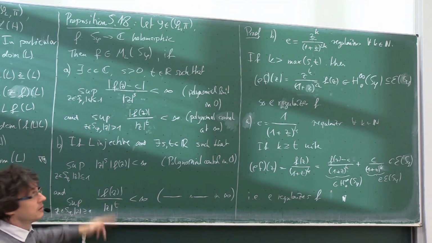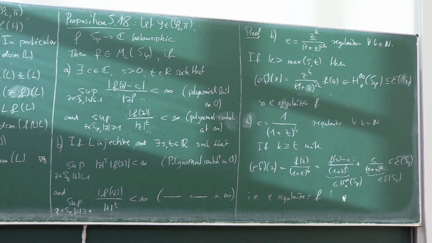So polynomial growth at 0 and infinity, there are many functions. Note, for instance, the Dunford-Rees class was contained in H infinity, so every Dunford-Rees function is bounded. And here we have many, many unbounded functions.